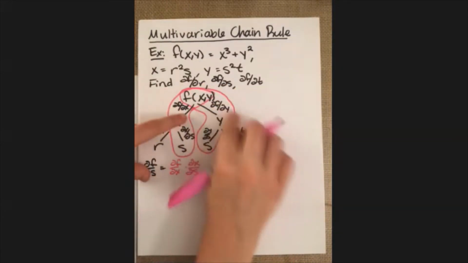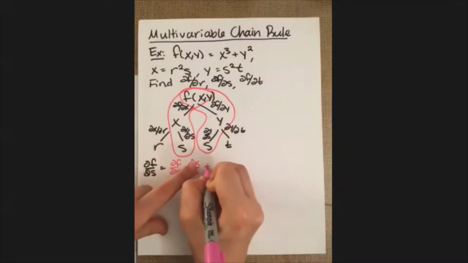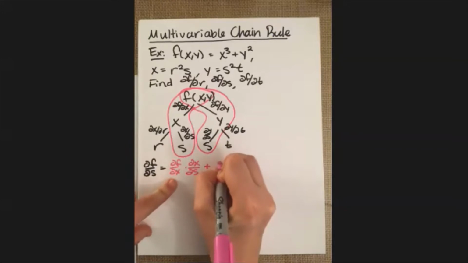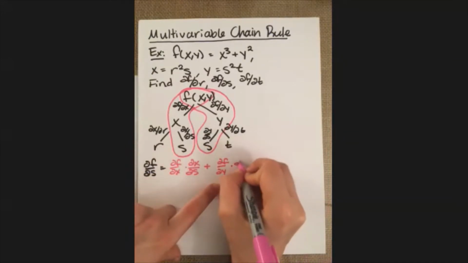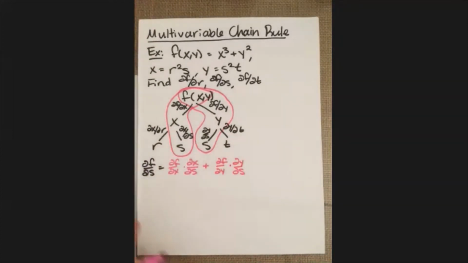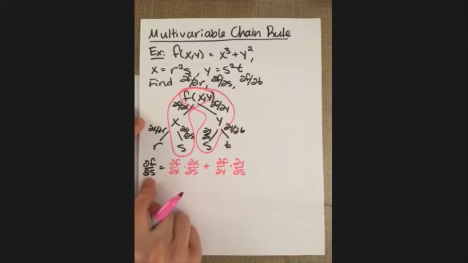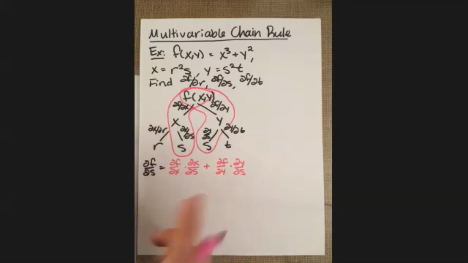This encompasses df dy and dy ds, so we're going to add that to our other path. So df dy gets multiplied by dy ds. Now all we have to do to find this partial derivative is just find each of these four partial derivatives and multiply them together, add them together, and that's pretty much all there is to it.